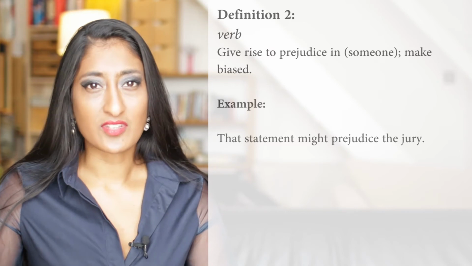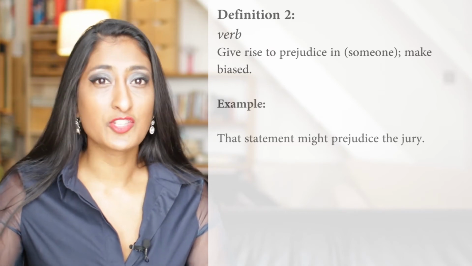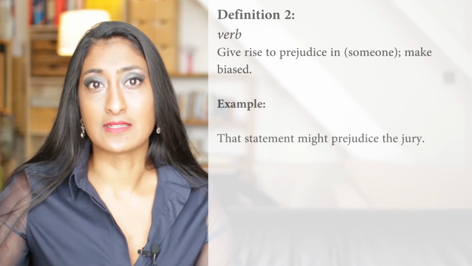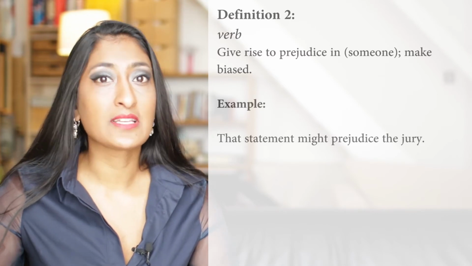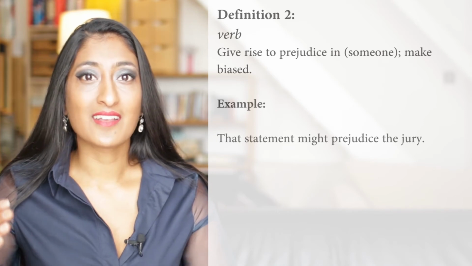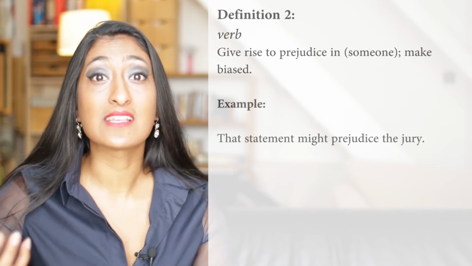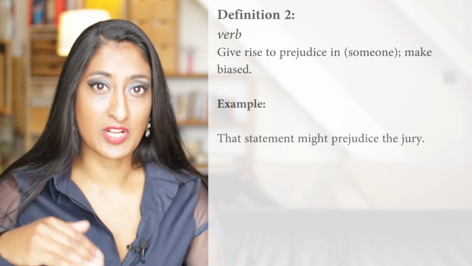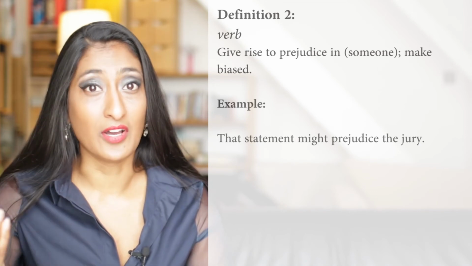So if a prosecutor were to make some arguments that hinted at some of the jury's sensibilities, any kind of preconceived notions that they might have, then suddenly you are inducing a prejudice in them. So in this case, the word prejudice is used as a verb.